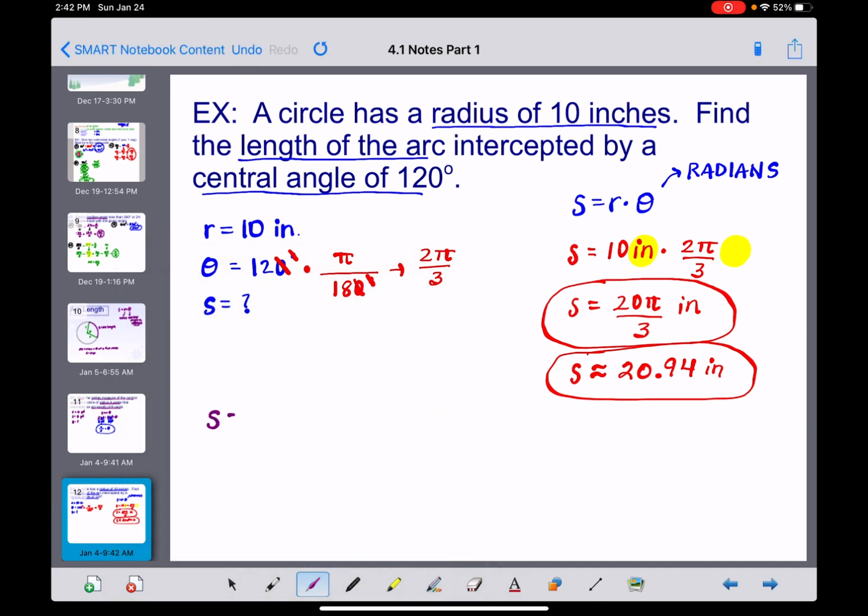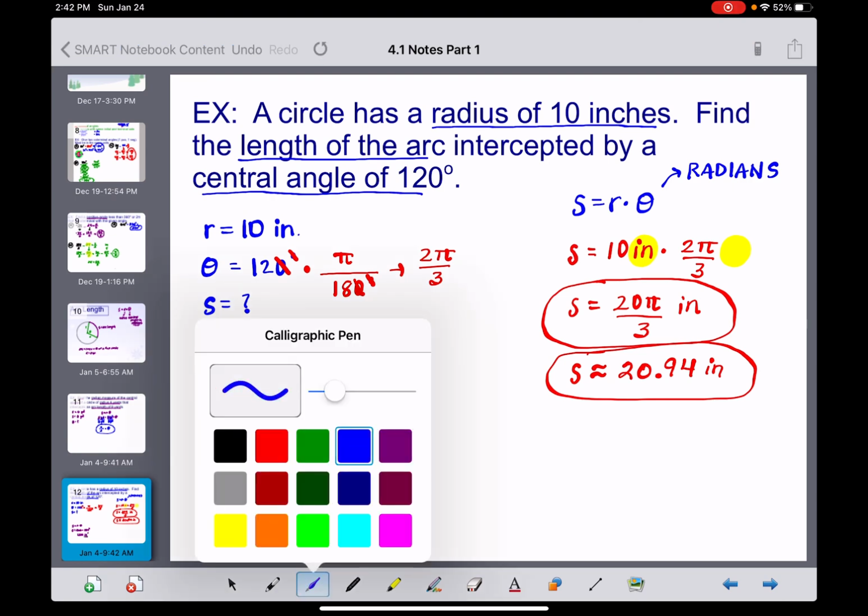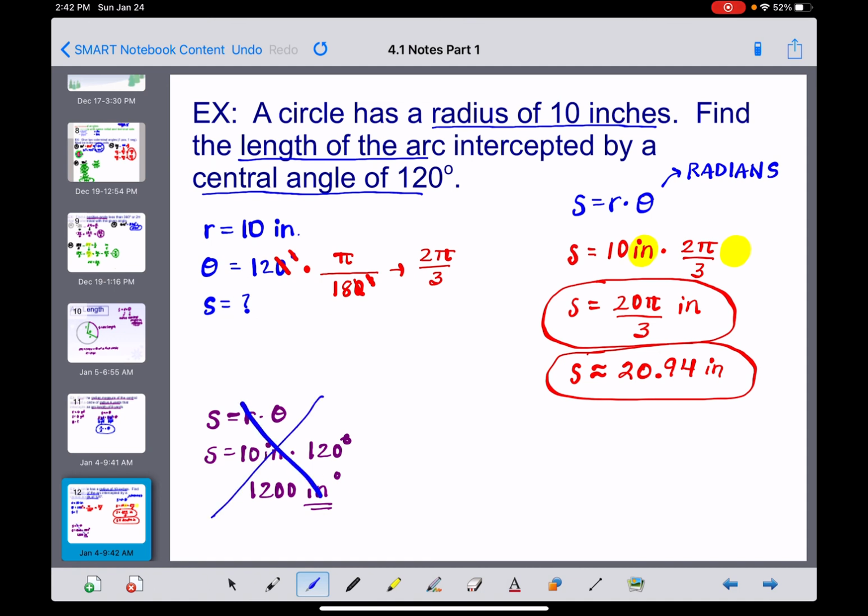If you just multiplied 10 inches times 120 degrees, 10 times 120 is 1200, but you have inches and degrees left. I've never heard of an inch degree. That is not what we have. That dimensional analysis is so important, because an inch times a degree doesn't make sense. So we convert to radians because they are dimensionless.